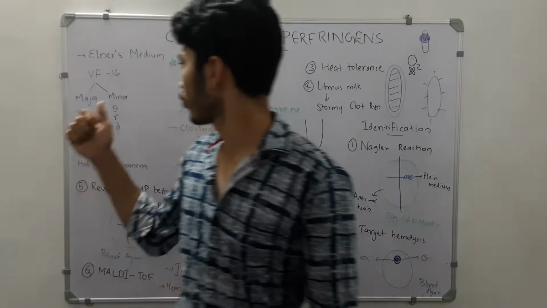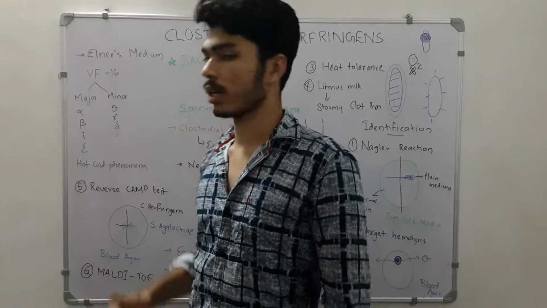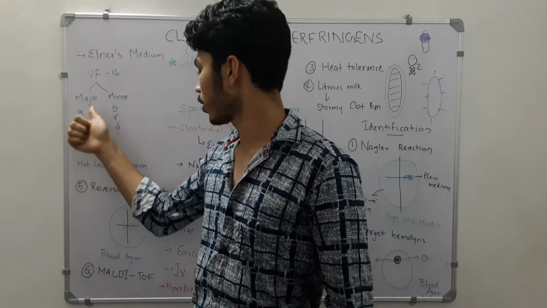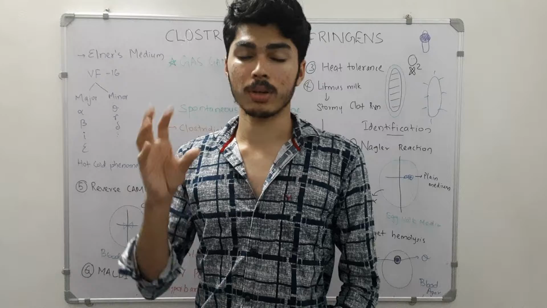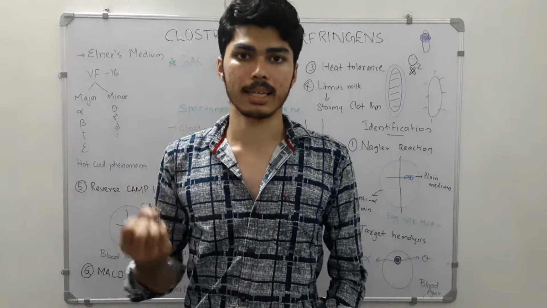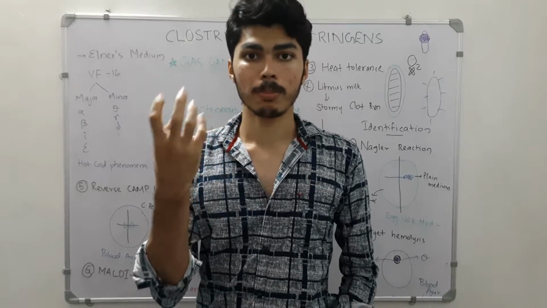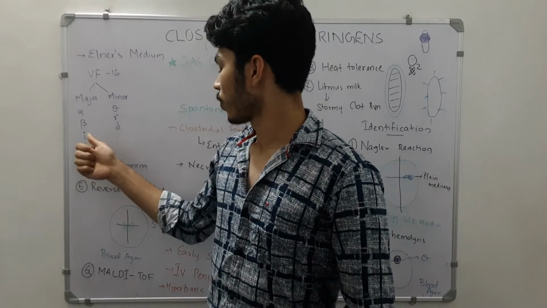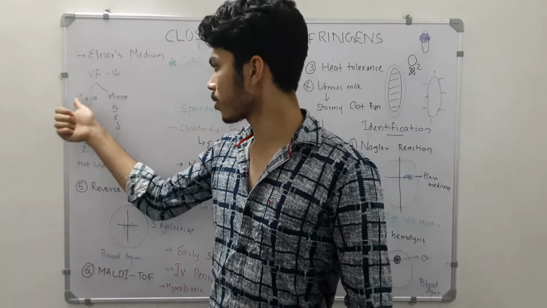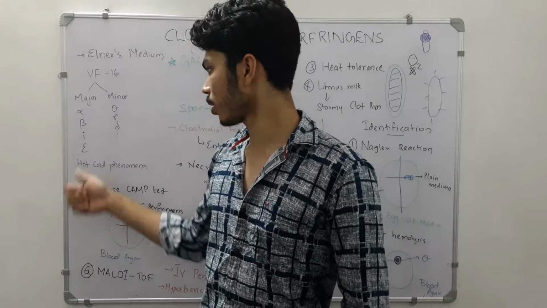Just a few words about alpha hemolysin: this alpha toxin has hemolytic properties, plus it can cause platelet aggregation. Actually all of the strains produce this alpha toxin.